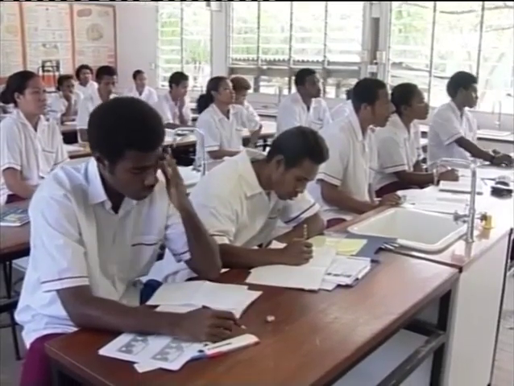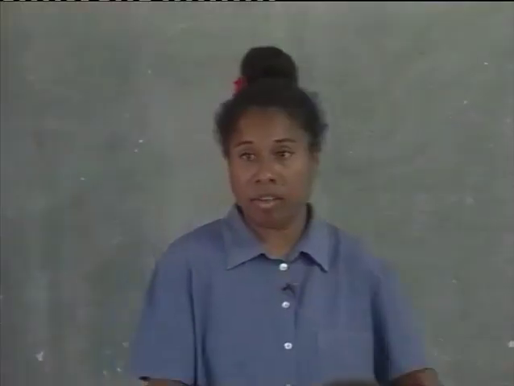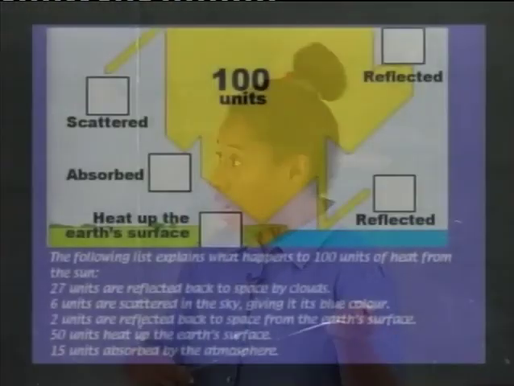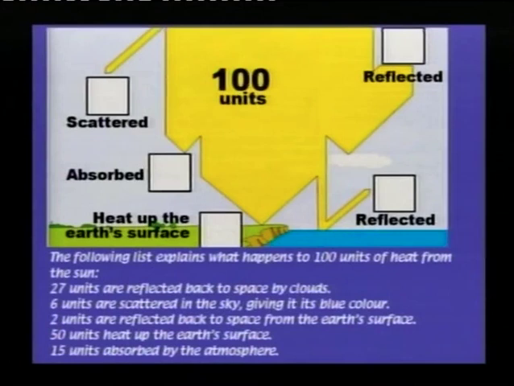Now we're ready for our answers. We'll start from the left side and work our way down those 3 boxes, and then the 2 going from here to the top. Bill, your answer for the first box where it says scattered.